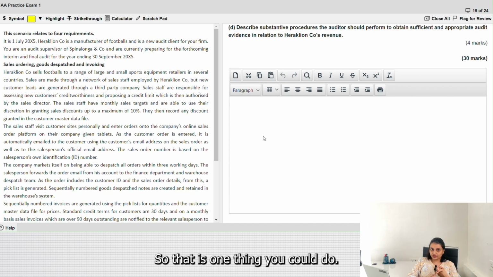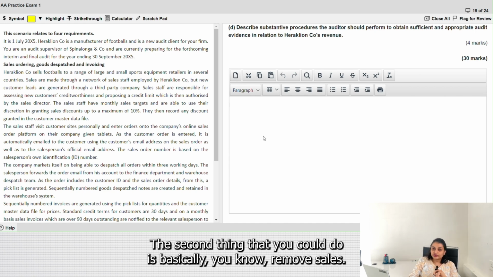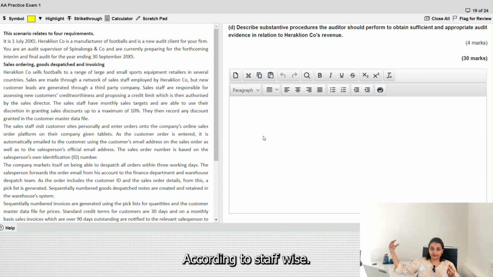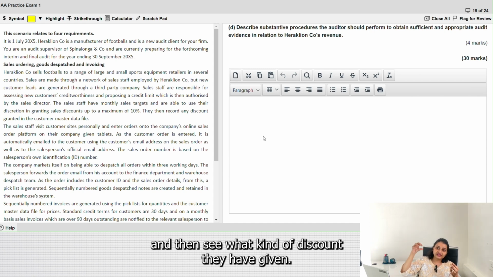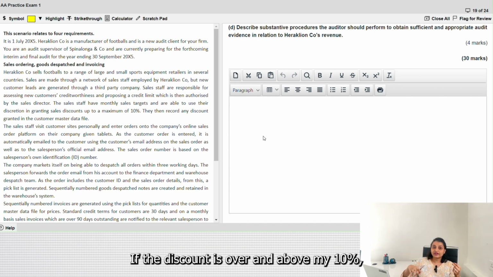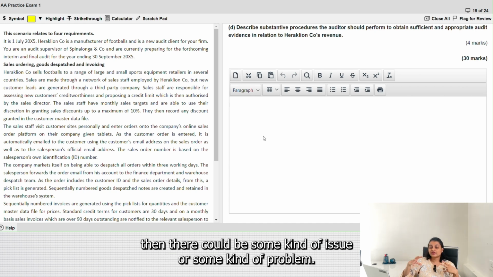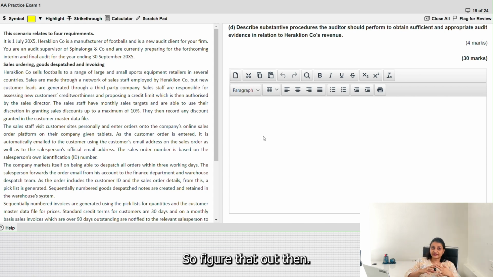So that is one thing you could do. The second thing that you could do is basically break down sales staff wise. So how many sales has been done by which staff, and then see what kind of discount they have given. If the discount is over and above my 10%, then there could be some kind of issue or some kind of problem. So figure that out.